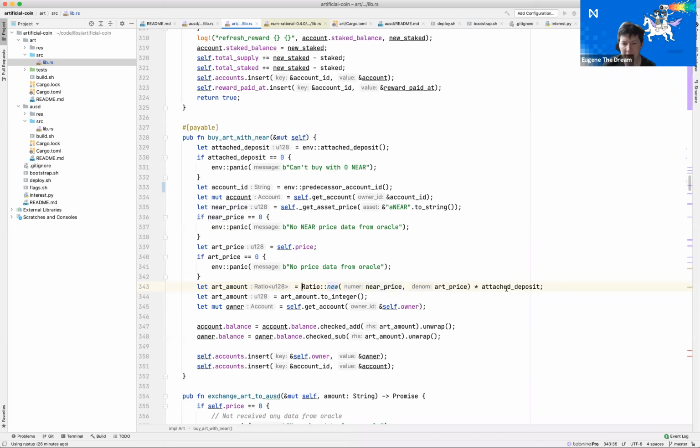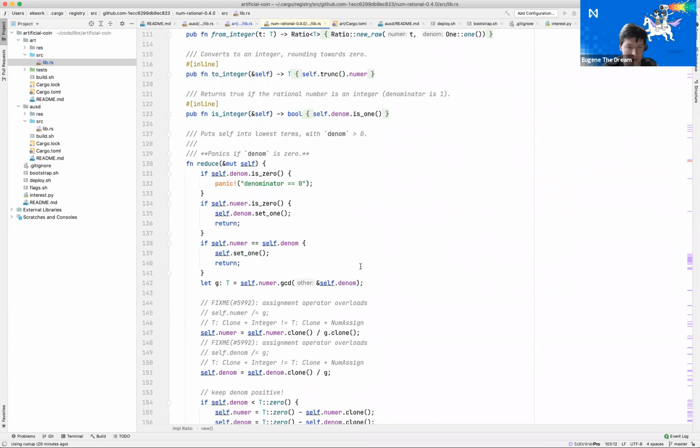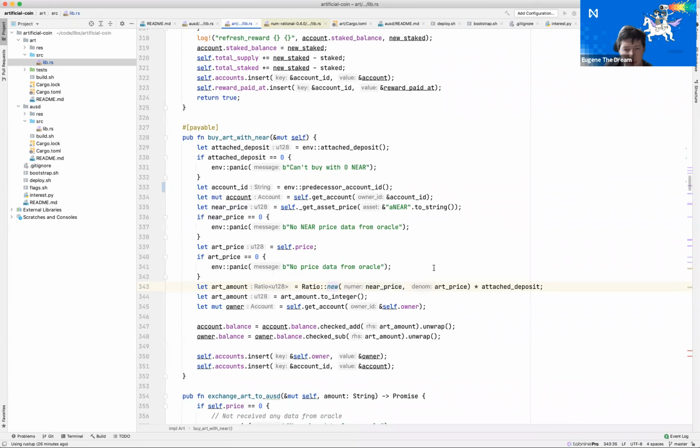But yeah, I feel like there might be some overflow on ratio, but I guess it may be tested. Or maybe it does math in a higher big integer and then converts it to integer. I don't know. Matt, have you worked with ratio?